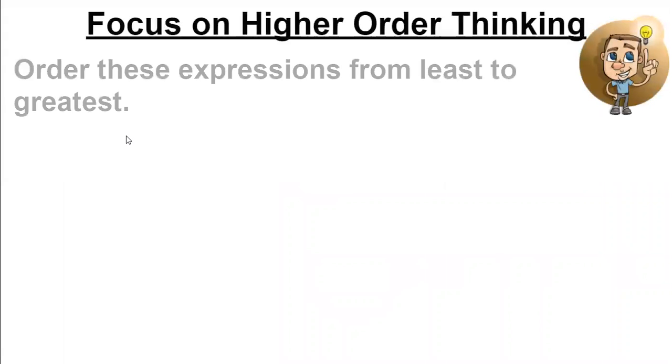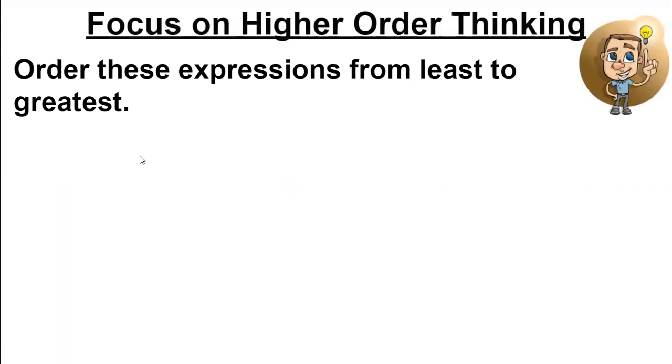Welcome back. Now we're going to focus on some higher order thinking. Order these expressions from, be careful on this, make sure you read the instructions, from least to greatest.